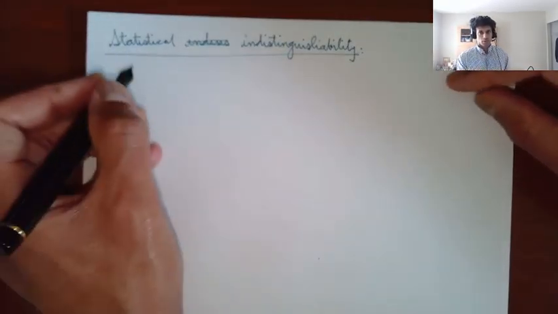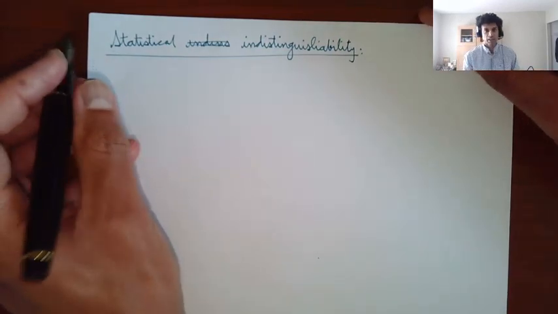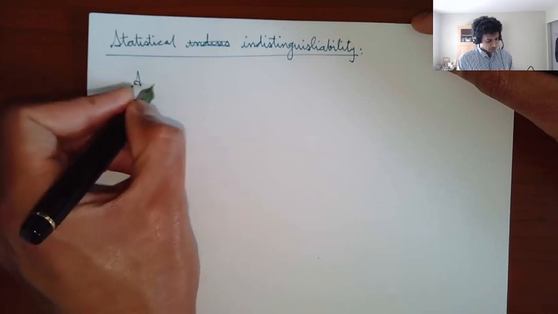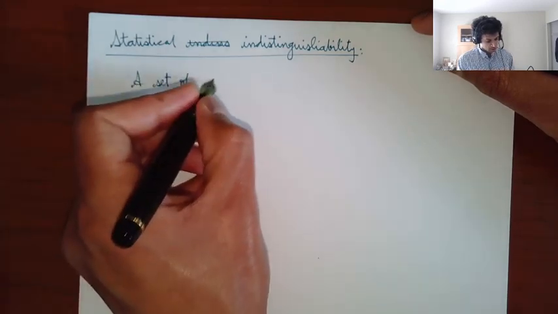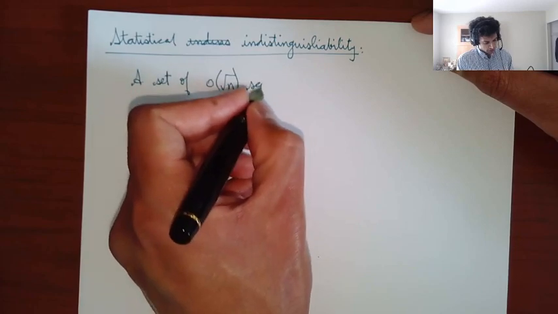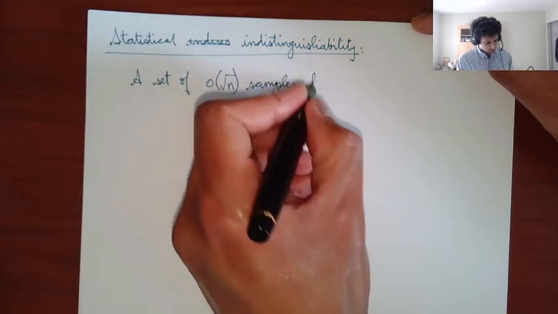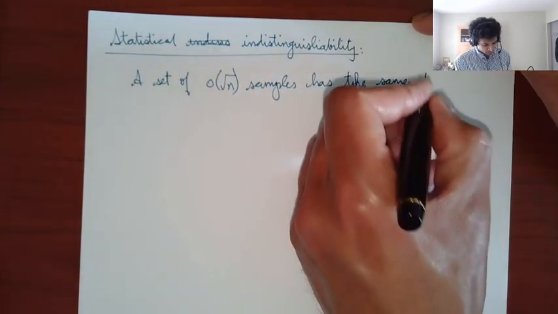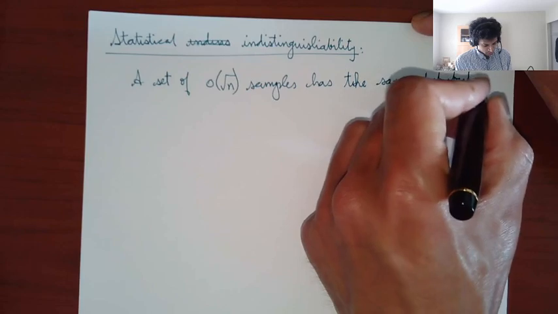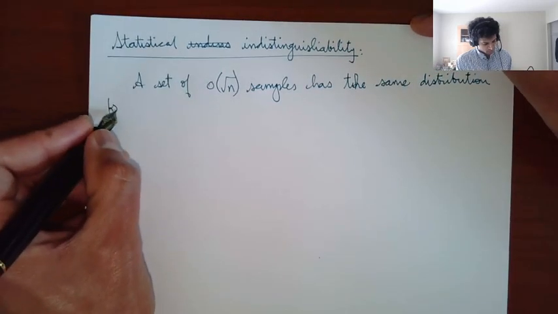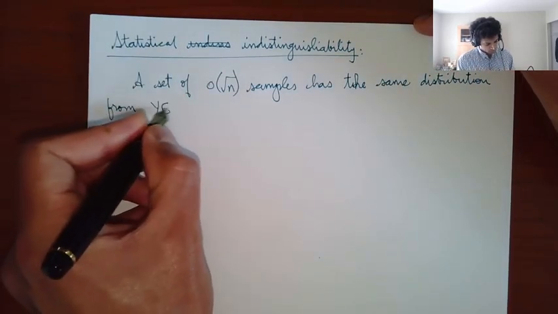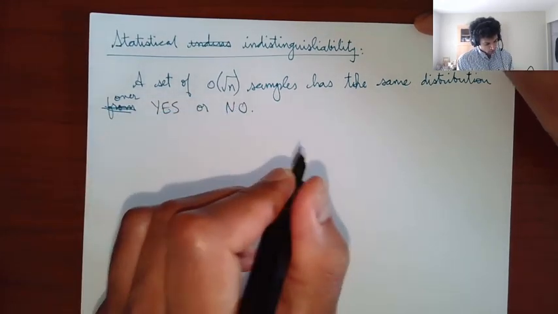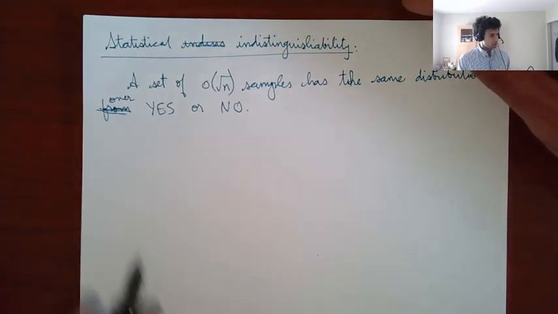What statistical indistinguishability means is that a set of little o of root n samples has the same distribution over yes or the no. Okay, so now let me be a little bit more precise.